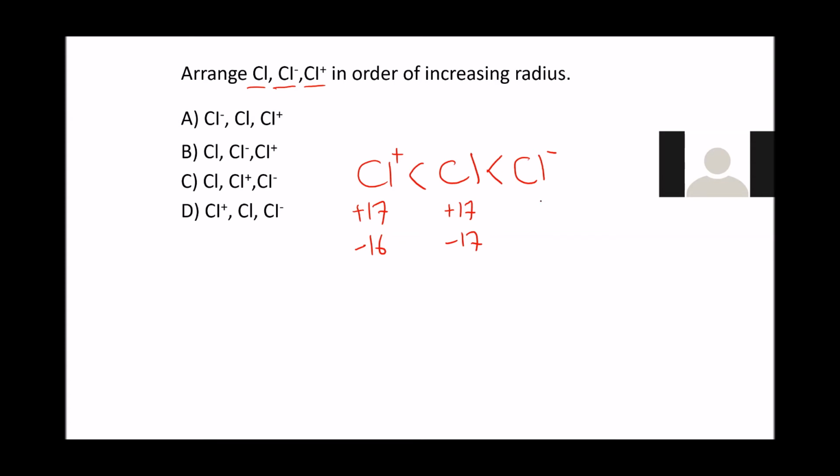In comparison to plus 17 affecting minus 18 in the last case, each electron is going to get a fraction that is smaller than 1 plus, okay? So it's going to feel a little bit smaller attraction than 1 plus charge.